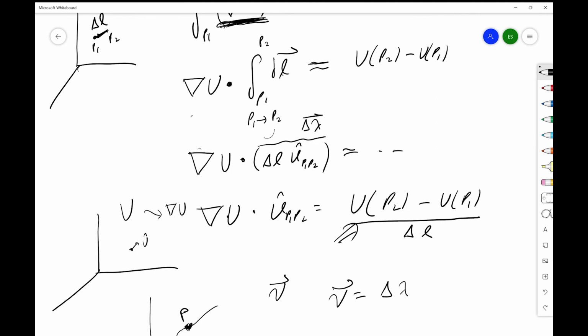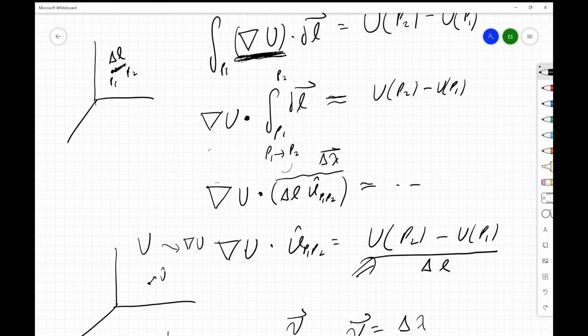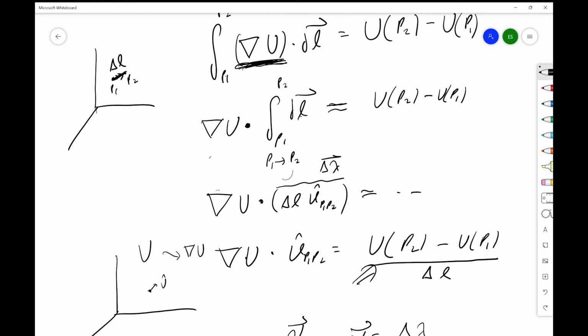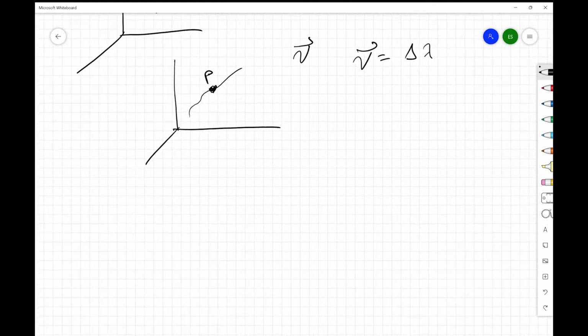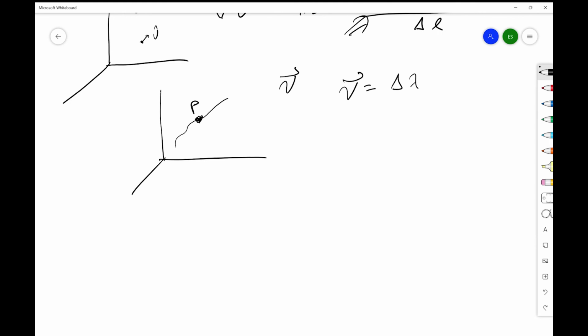Essentially, delta lambda is the vector between P1 and P2, just terminology. It has a magnitude of the distance between P1 and P2, and it has a direction from P1 to P2, right? So the velocity going through that point is just going to be delta lambda over delta t, assuming the 2 points are really close to that point.